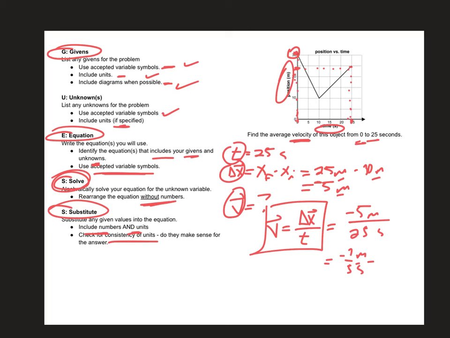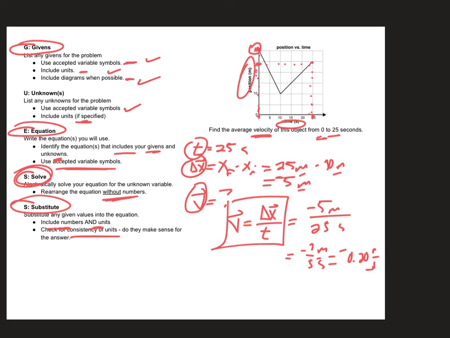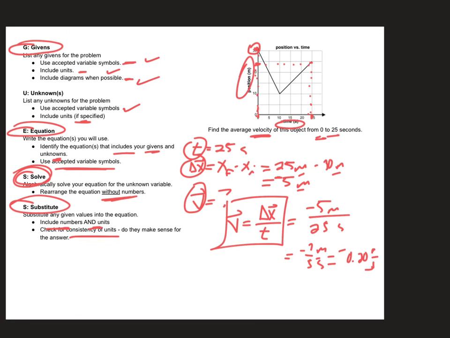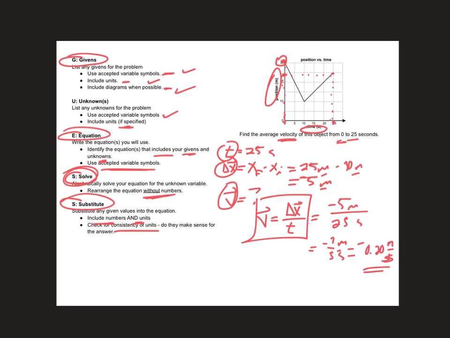Or if I write this in decimal form, that would be -0.20. I include my units, meters per second. All right, and it's not cooperating with me very well right now, but I would write that as meters per second. And that's my final answer, 0.2 meters per second in the negative direction.